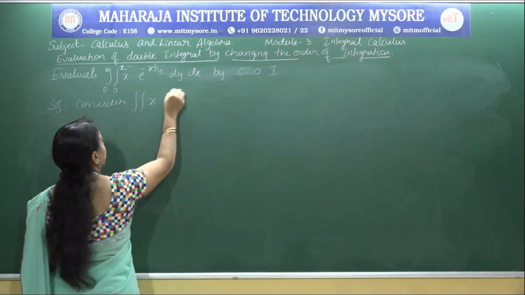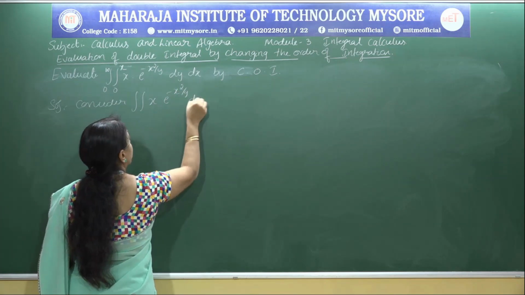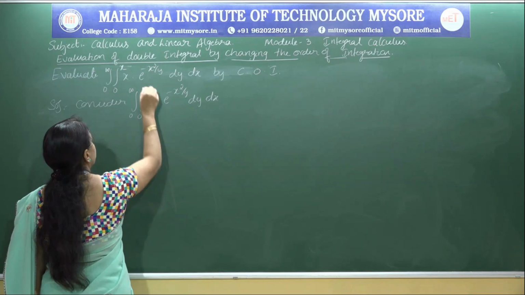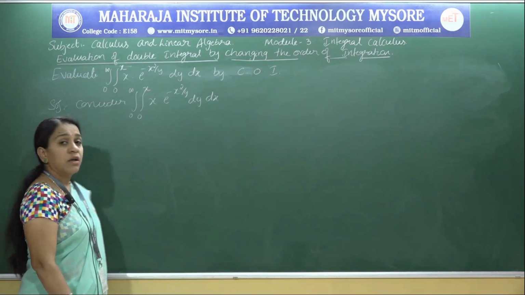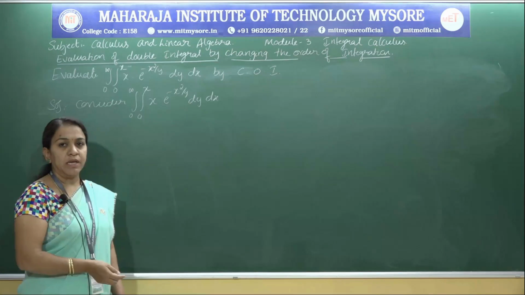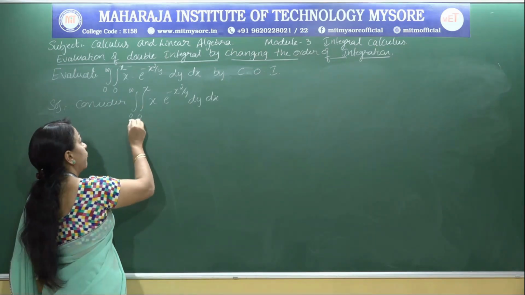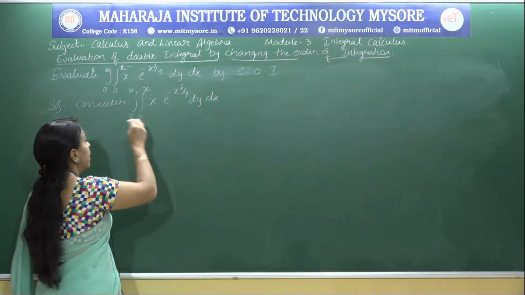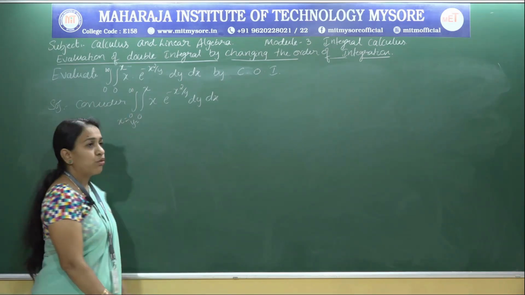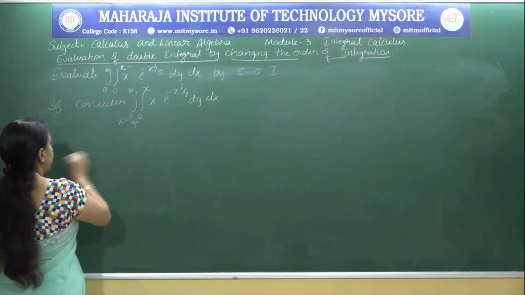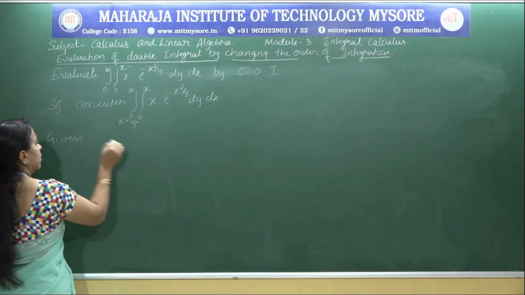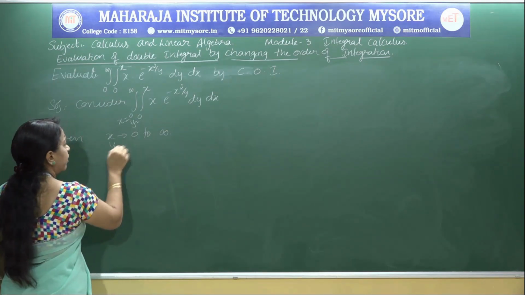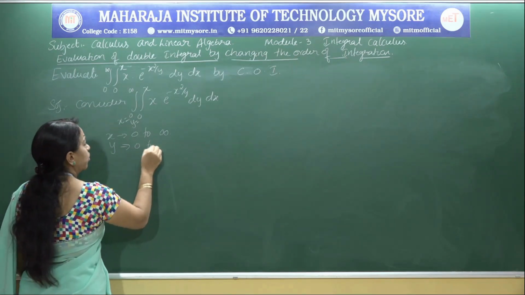Since we have x in the limit place, this should be the y limit. y varies from 0 to x and then x varies from 0 to infinity. So given, x varies from 0 to infinity and y varies from 0 to x.